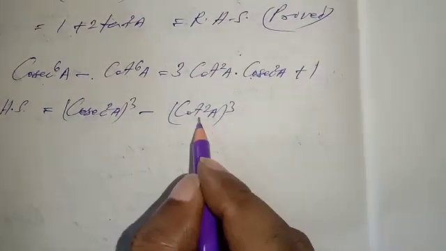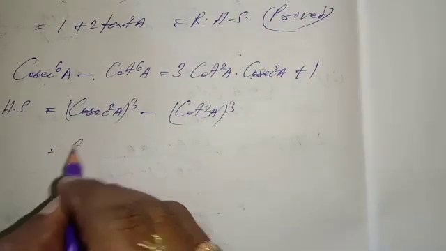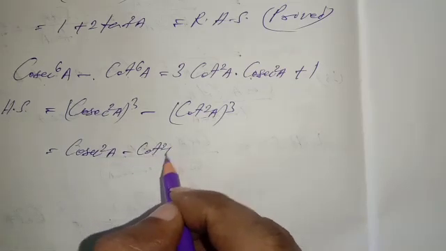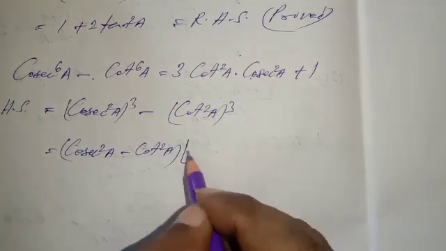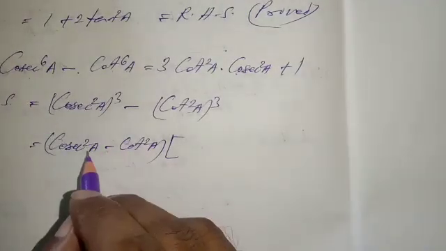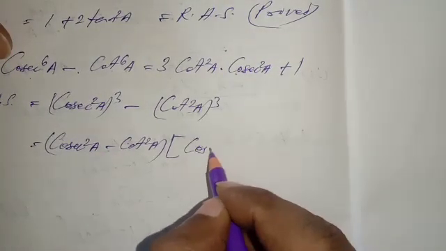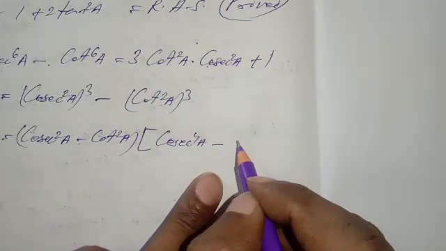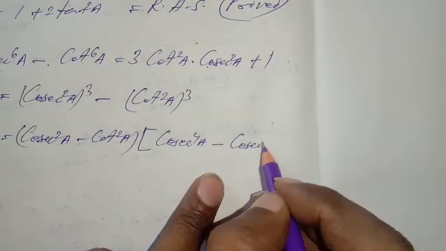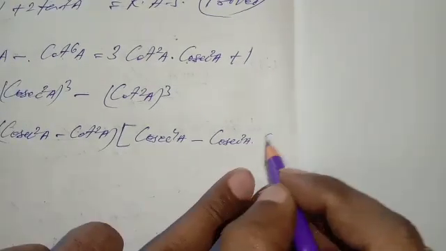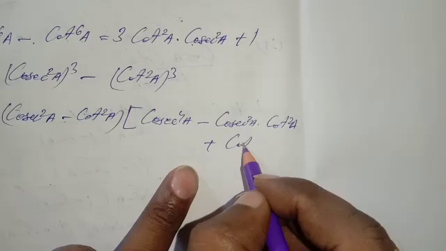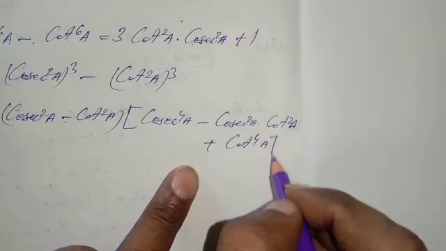Just apply a cube minus b cube formula. A cube minus b cube formula is what? A minus b, that is cosec square A minus cot square A, whole into a square, means cosec square A whole square, that is cosec to the power 4A, plus ab, cosec square A into cot square A, plus cot to the power 4A.